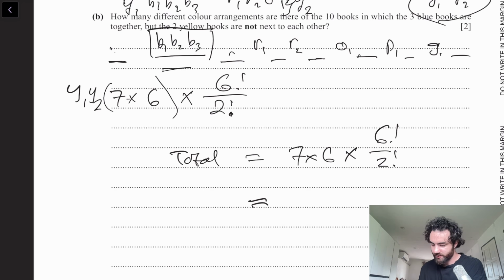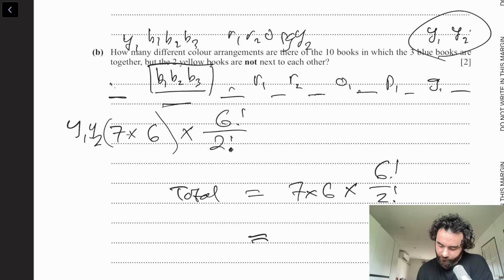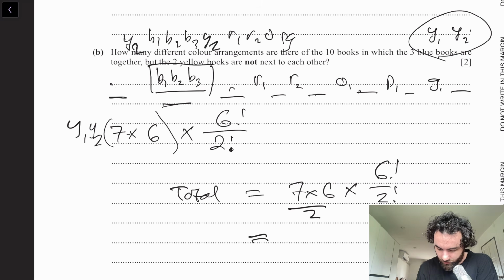Okay, so this is the final thing, and also you'd have to divide this by 2. Yes, because if I put yellow 1 here and yellow 2 there, or yellow 2 here and yellow 1 there, it's the same arrangement, because it's color. Yellow 1 and yellow 2 are the same, so you divide by 2 because we're overcounting.